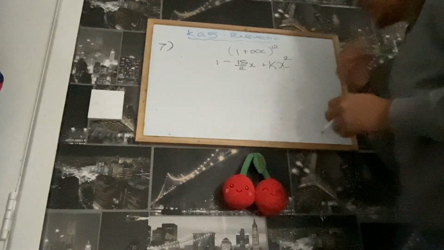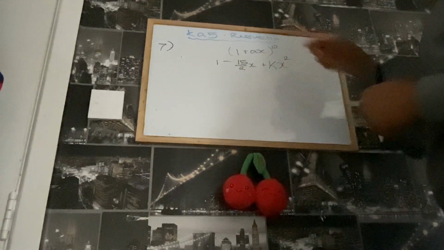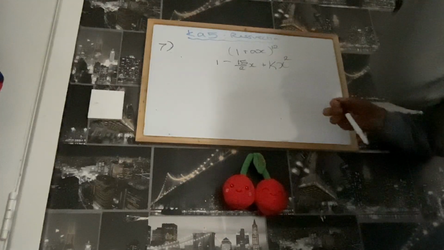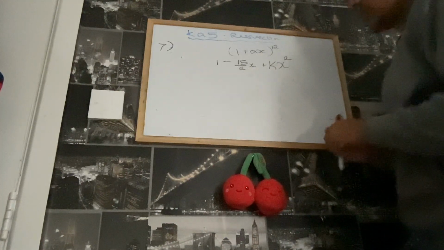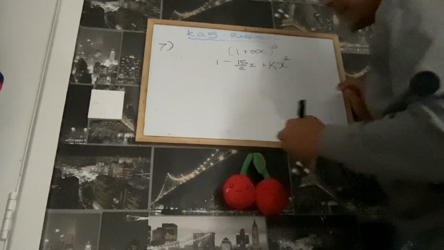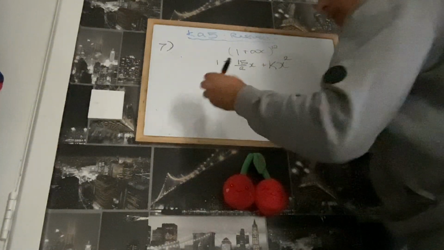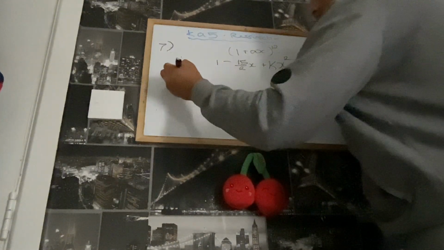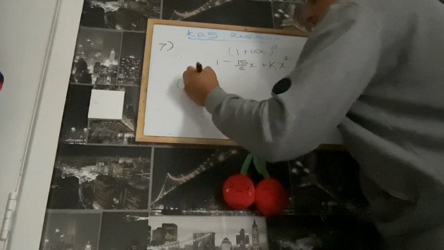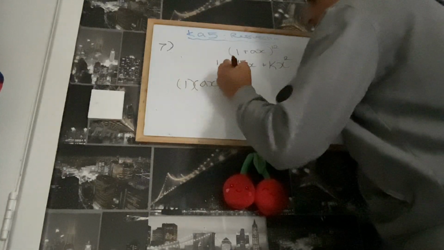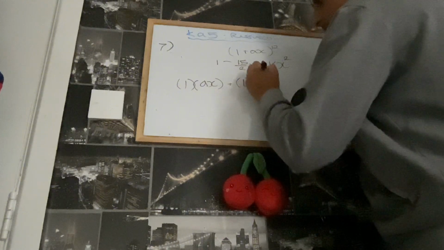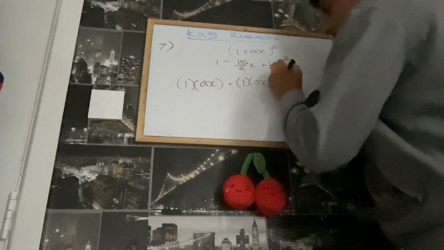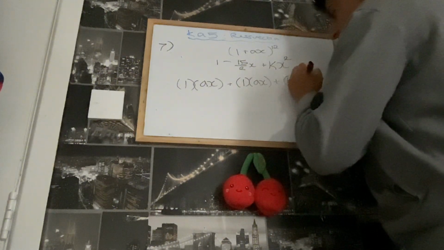So we're trying to find the expansion up to the term in x to the power of 2. The way we do that is by using nCr. Starting off, we have 1 and ax.